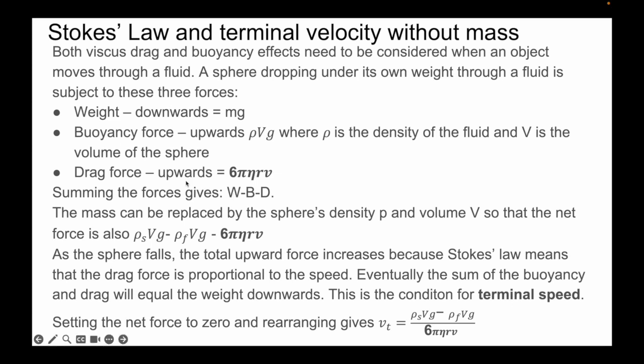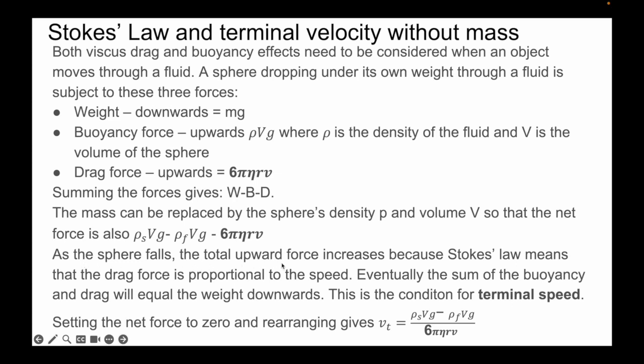The mass can be replaced by the sphere's density, rho, and the volume, so the net force is the density of the sphere times the volume times gravity, minus the density of the fluid times volume times gravity, minus Stokes' law, which is 6 pi eta, the viscosity, times the radius times velocity.